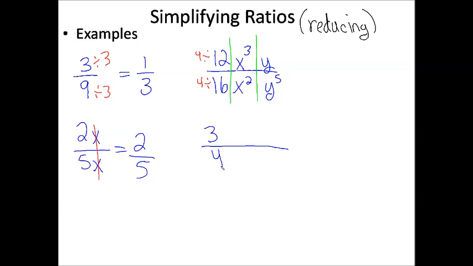When you have the exponents, you're going to subtract the exponents. So subtract the exponents. And then you put the answer on the side of the bigger exponent.